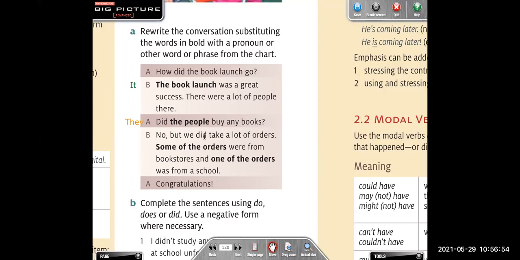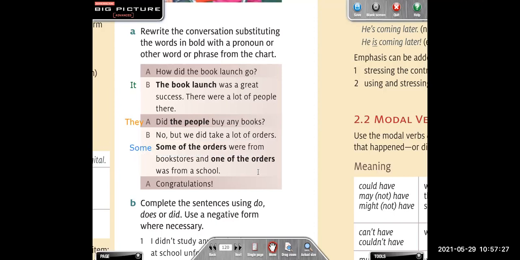No, but we did take a lot of orders. Some of the orders were from bookstores. How can we replace some of the orders here? They? Do you agree, guys? They? Some. Yeah. Some, right? We can say some were from bookstores.